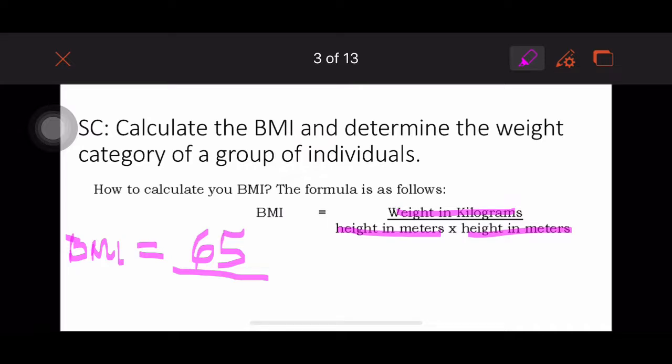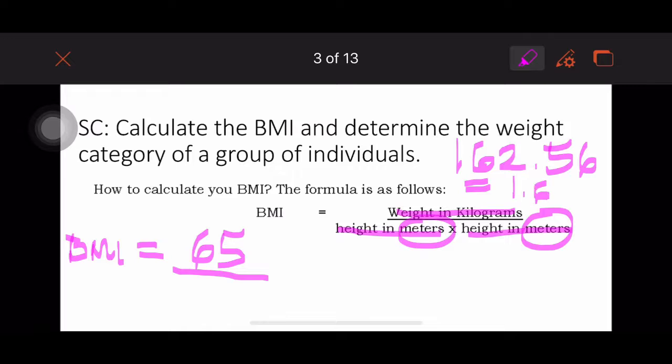In centimeters my height is 162.56, so around 163. But we have to change that to meters because the formula says meters. So you divide that by 100, so it'll be around 1.63.